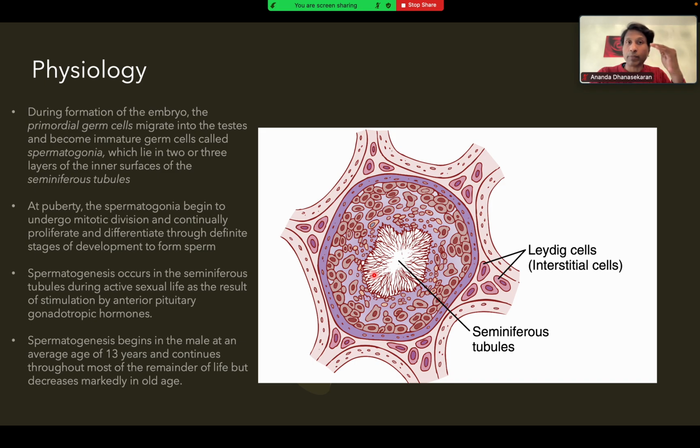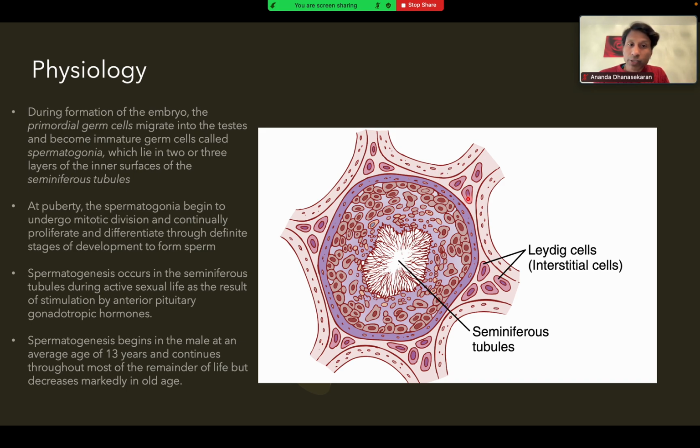In a woman, around 50, 55 or 60 years, menopause happens, after which there is no ovum and the menstrual cycle completely stops. But for a man, sperm production continues throughout life in theory. But in older men, more than 60 or 70 years, the amount of sperm production is very, very low. So these are all the things we need to understand.